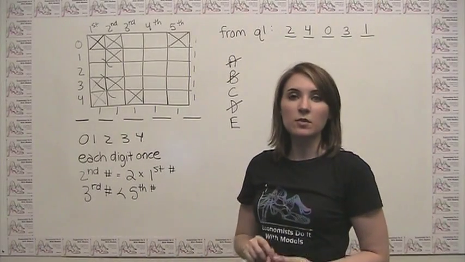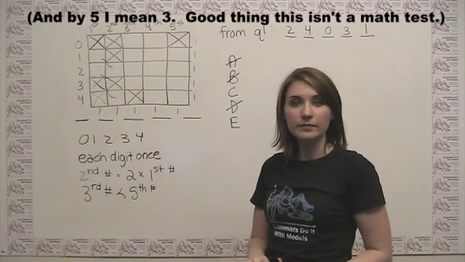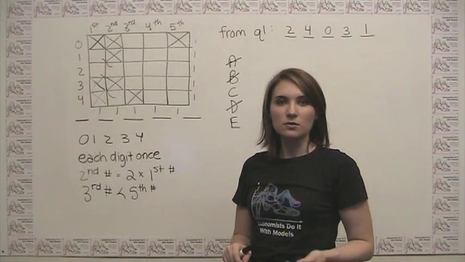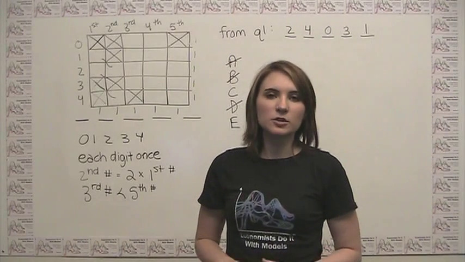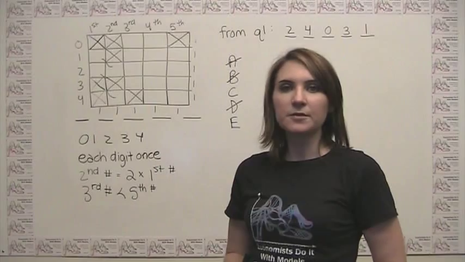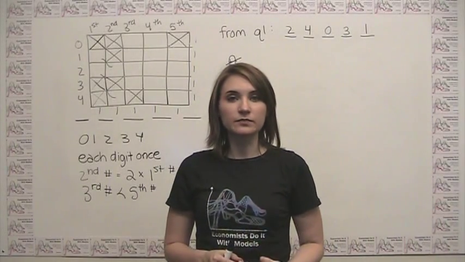But just by looking at what we've already done, we were able to get rid of 3 of the answer choices very quickly. So now let's think about what to do with the 2 remaining answer choices. One way to show that something must be true is via what mathematicians refer to as proof by contradiction.